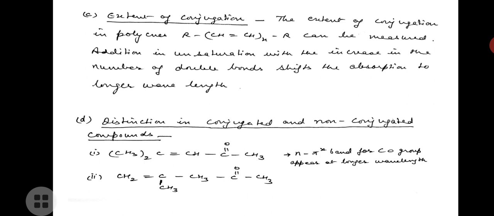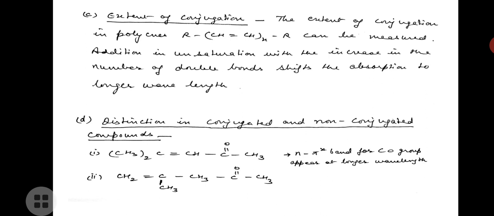Then next comes the extent of conjugation. The extent of conjugation in polyenes, R(CH=CH)nR, can be estimated. With the increase in the number of double bonds, that is increase in the value of n, the absorption shifts to longer wavelength.